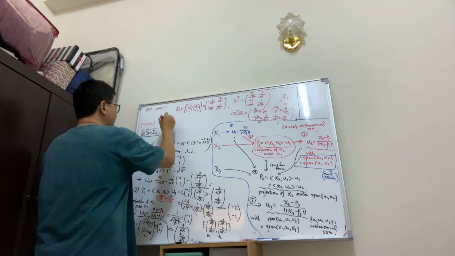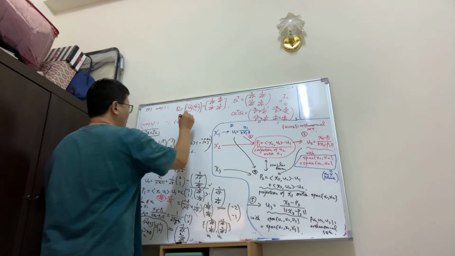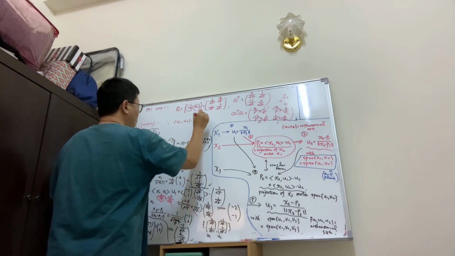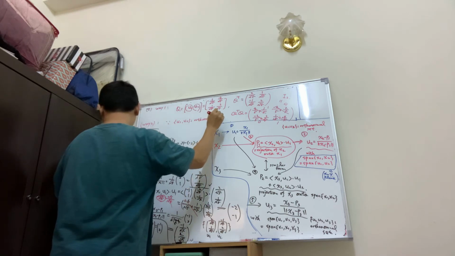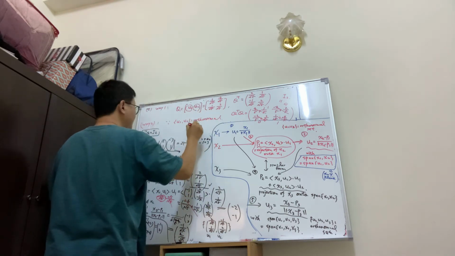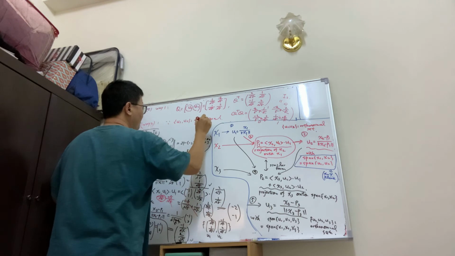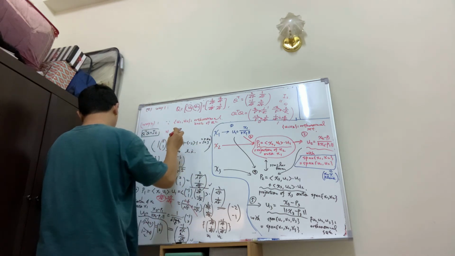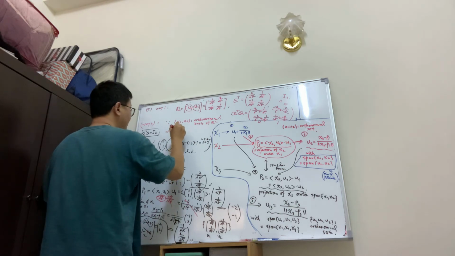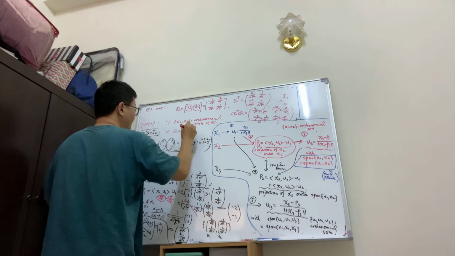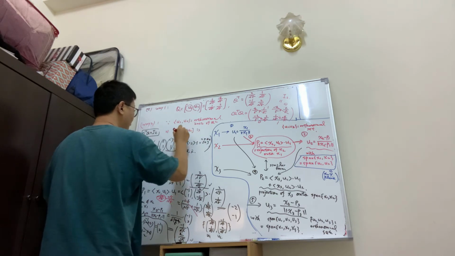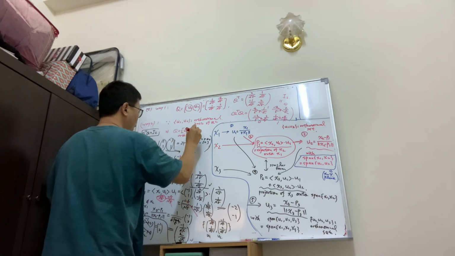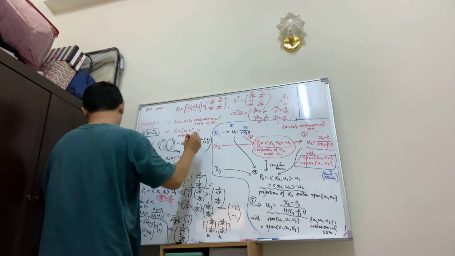Since U1, U2 are orthonormal bases of R2, by the previous result we know that the matrix Q with columns U1, U2 is an orthogonal matrix.